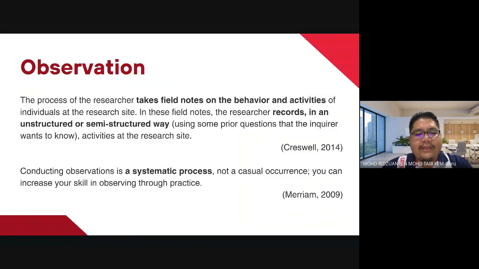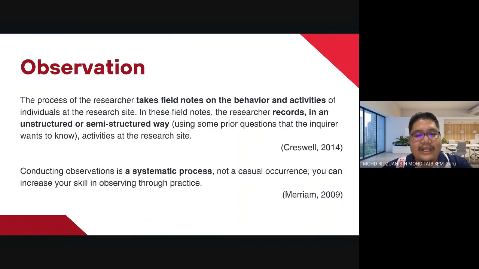So we look at the third instrument that we can use in qualitative research, which is observation. Okay, it is the process of the researcher taking field notes on the behavior and activities of individuals at the research site. In these field notes, the researcher records in an unstructured or semi-structured way, using some prior questions that the inquirer wants to know, about activities at the research site.